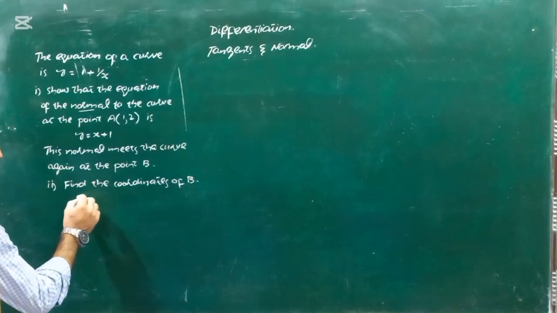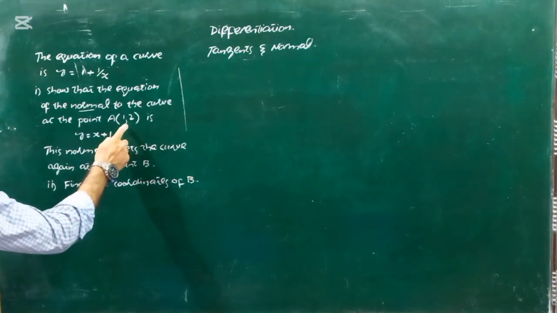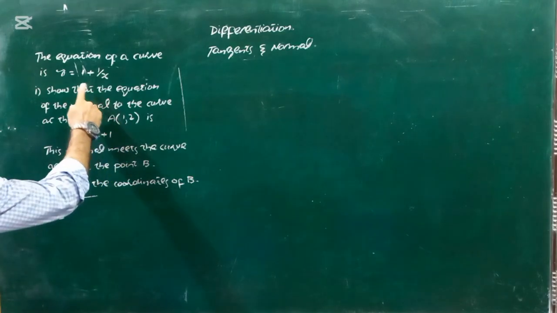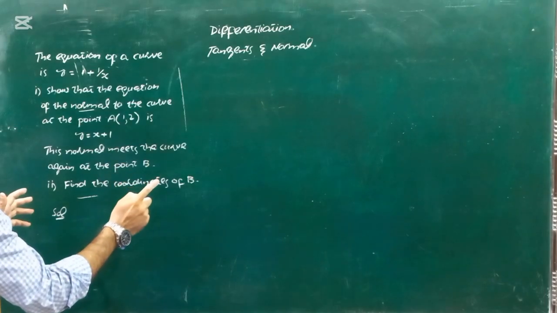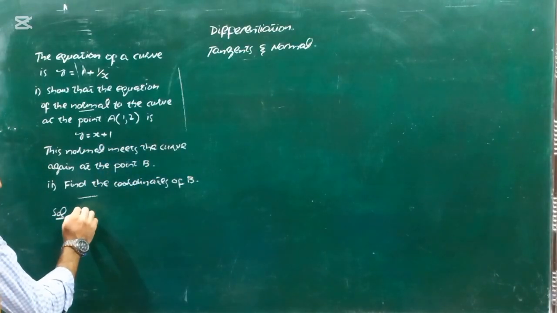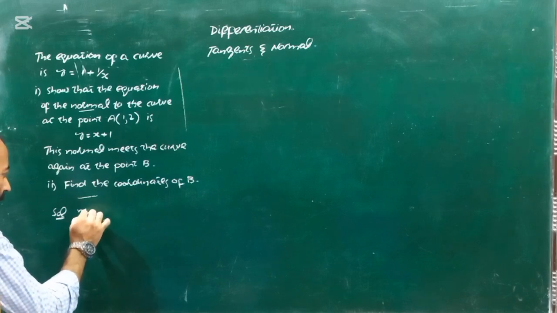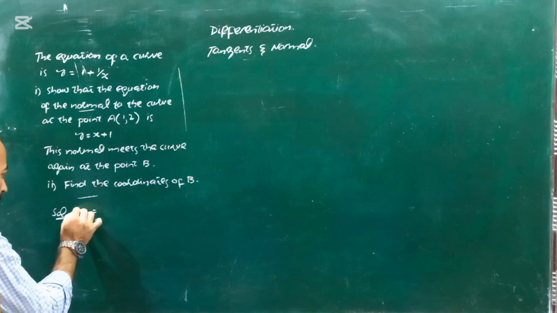In this question, one point is given. If we find the gradient of the curve at this point, it will be easy for you then to make the equation of the normal. So look now, gradient of the tangent. First find dy by dx.